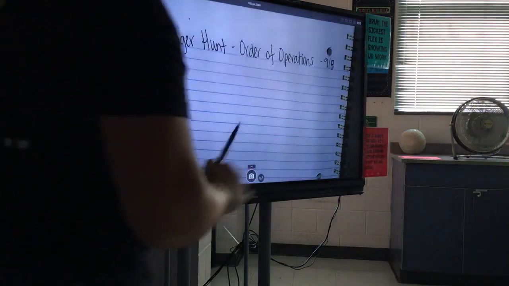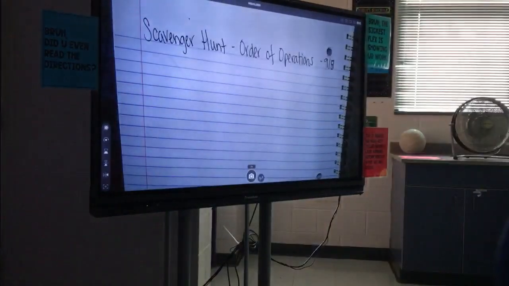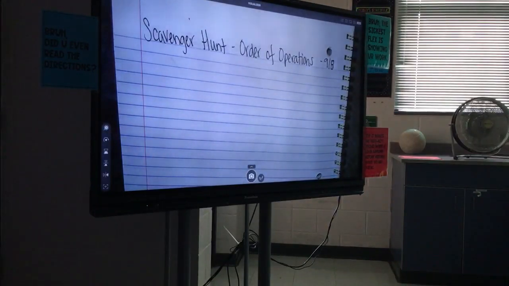All right, so today, part of what we're doing is obviously practicing order of operations, but we're also practicing how to move around the room in a safe manner. You'll notice that we have these bright, pinkish, orangish papers taped around the room. You are going to be moving around the room silently, independently, working by yourself today.